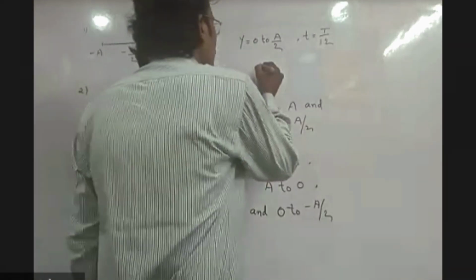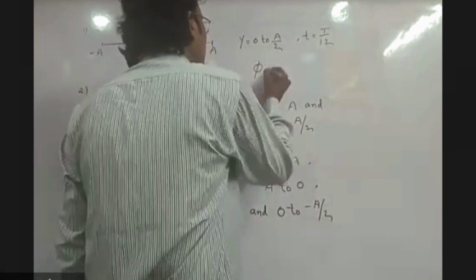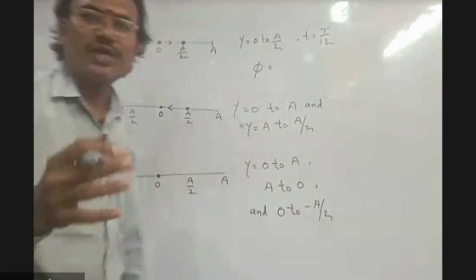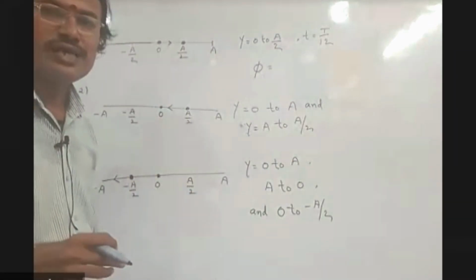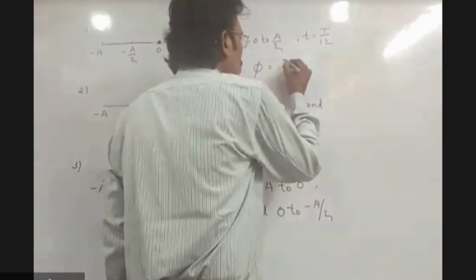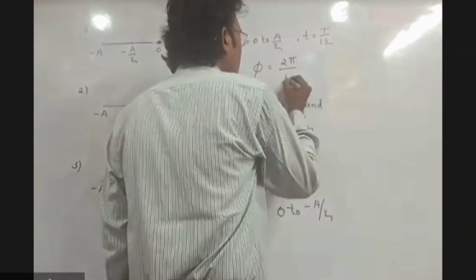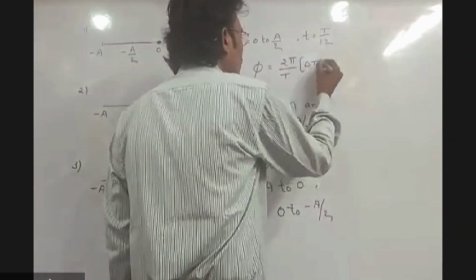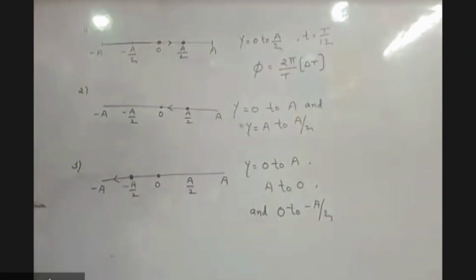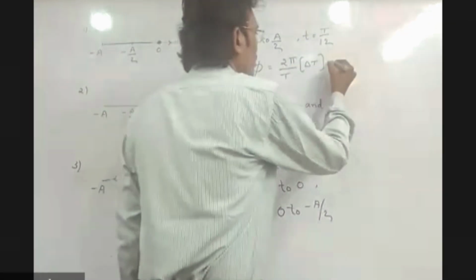What is the phase? The relation between the phase difference and the time difference is phi is equal to 2 pi by capital T into delta T. This is the formula. Now, what is the delta T here?